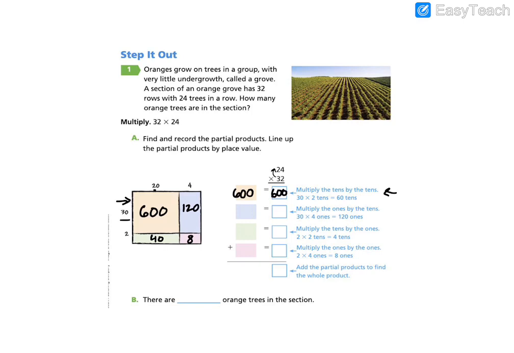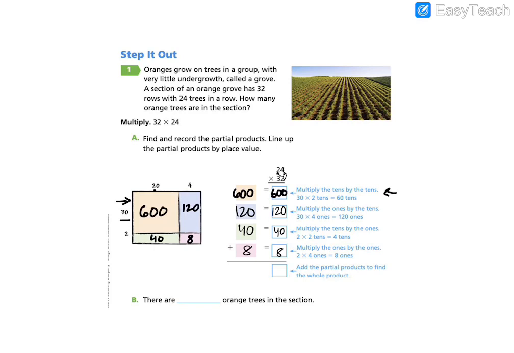We're now going to take those 3 tens and multiply those 4 ones. 3 tens times 4 ones is equal to 12 tens, or 120. Now we're going to move into the ones place. So we're going to take our 2 ones times our 2 tens, which is equal to 4 tens, or 40. And now our 2 ones times our 4 ones, which is equal to 8 ones.